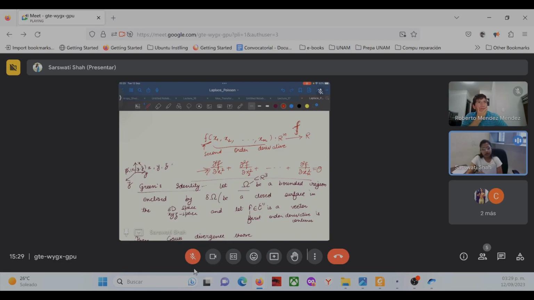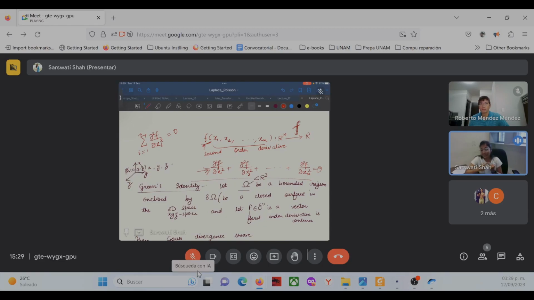Later on, we are going to call it the Laplacian, but at this time we don't know it. So that's why I'm saying that the summation of its second order derivatives with respect to all its coordinates, i varying from 1 to n, is going to be 0. So f is going to be a harmonic function.